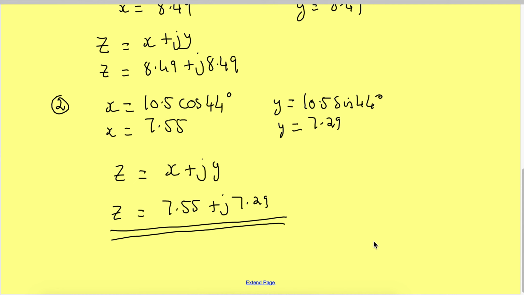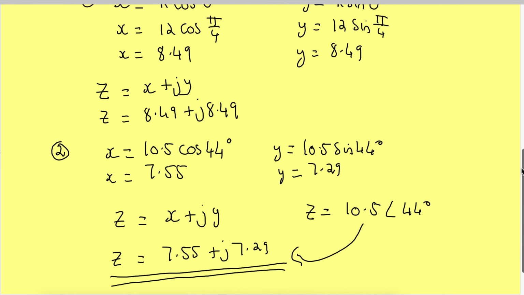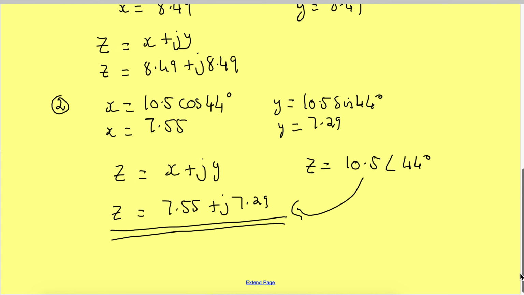And that means I've gone from polar form, which was 10.5 at an angle of 44 degrees. So that was polar form, that started off with, and I've went back to rectangular form. So you just need to remember that x is our cos theta and y is our sine theta.